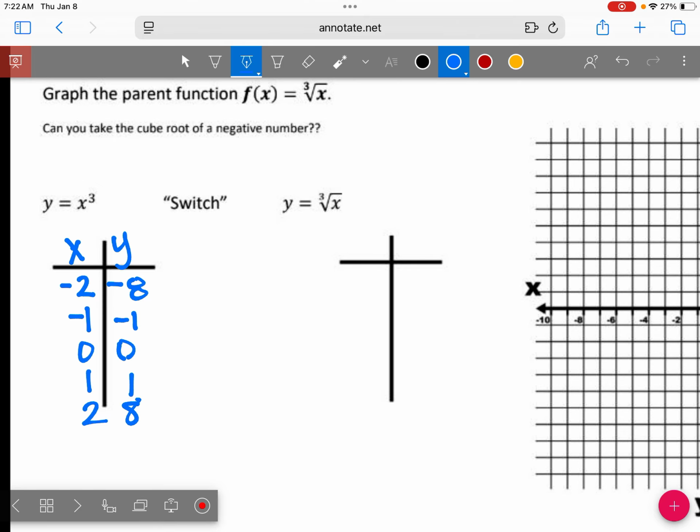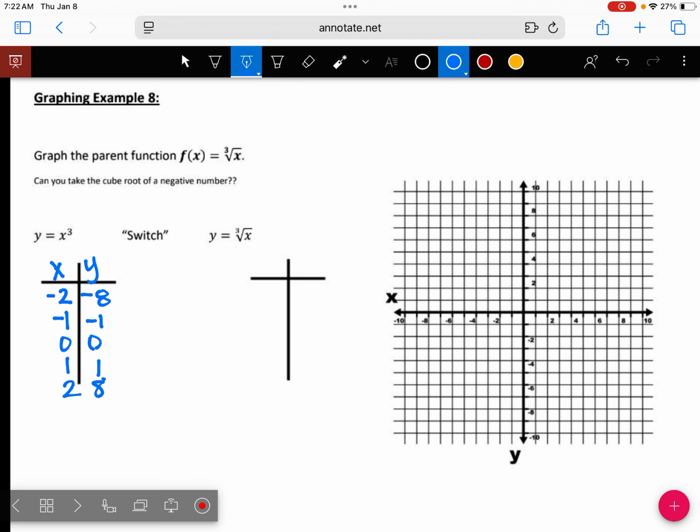Let's go ahead and graph that. This is y equals x to the power of 3.